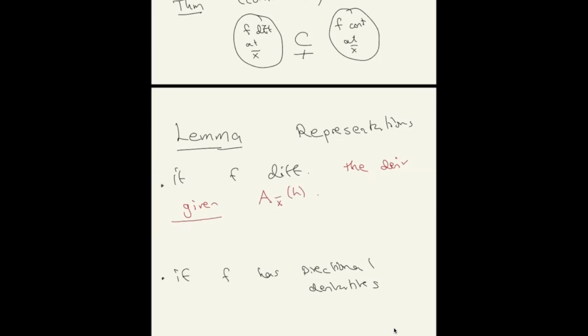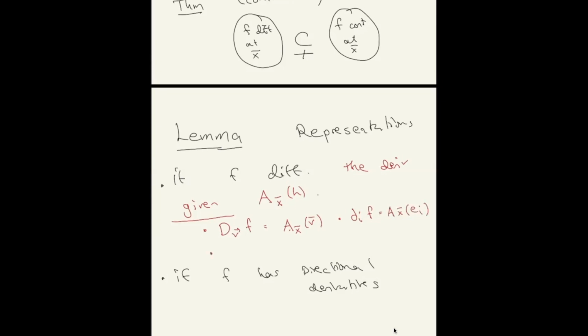And using that map, we can actually express all these other derivatives. So the directional derivative of the function is just the same thing as A_x bar of v. The partial derivatives of f are just A_x bar of e_i.